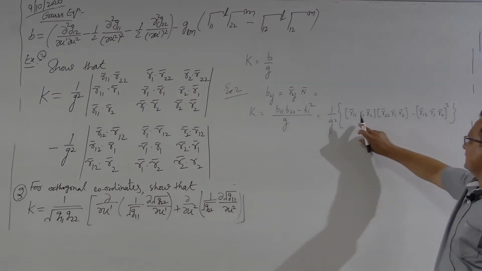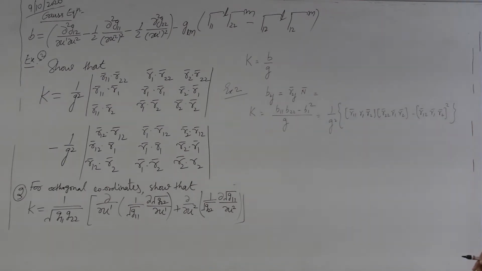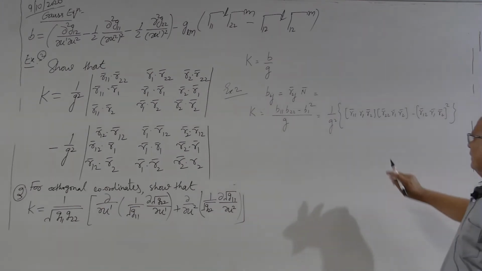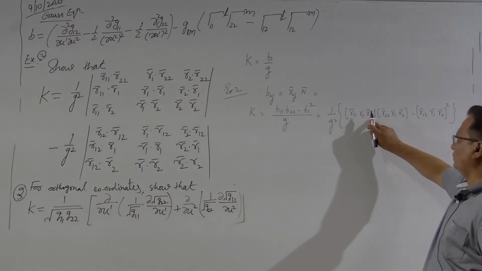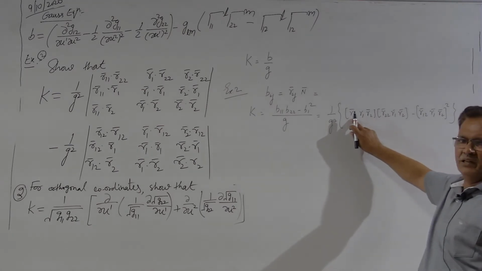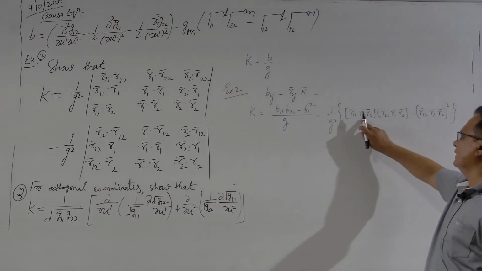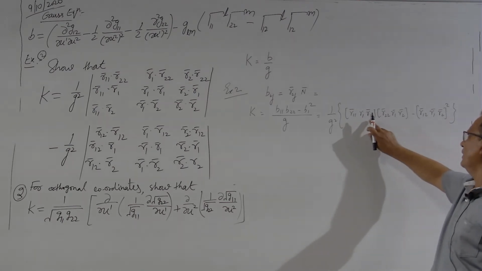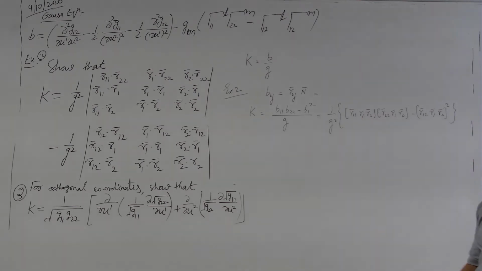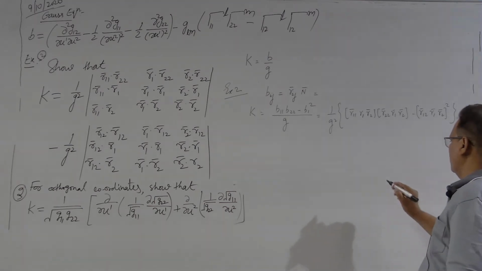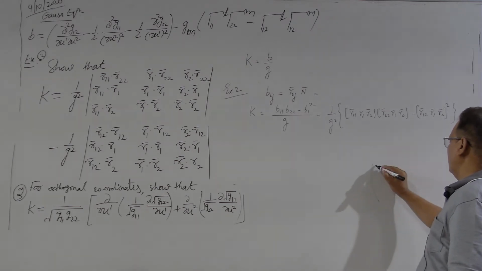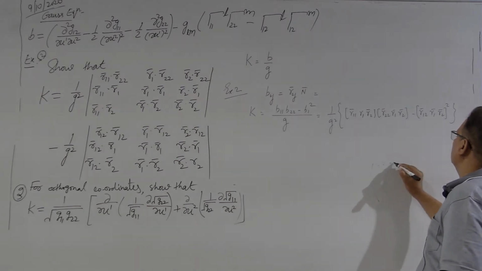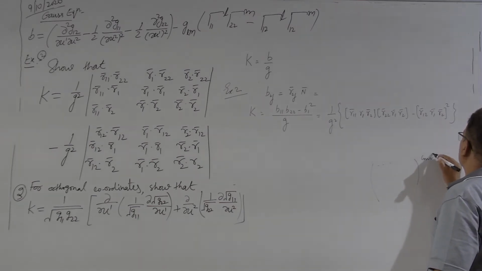Now, if you look at these scalar triple products, they are in fact determinants. Determinant of vectors R11, R1, R2. The first row of the determinant will contain the components of R11, the second will contain the components of R1, and the third will contain the components of R2. So, it is a matrix.